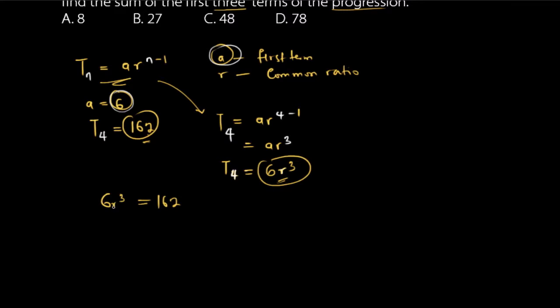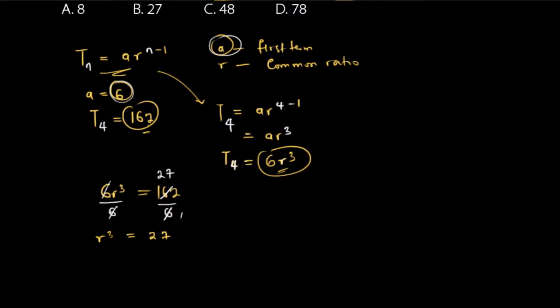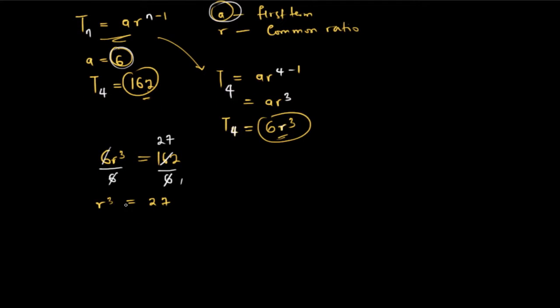Now to find R, I'm going to divide both sides by 6. The 6 goes off, and 162 divided by 6 gives 27. So R cubed equals 27. To find R, we take the cube root of both sides to clear off the cube sign.